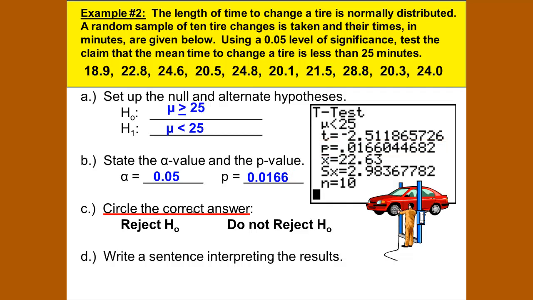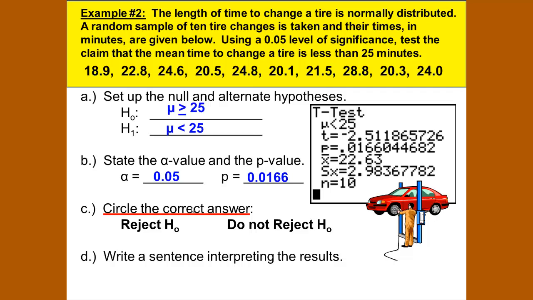Next, we want to circle the correct answers. Remember our rhyme. If the p is low, the null must go. If the p is high, we let it fly. So is the p lower or less than the alpha, or is the p greater than alpha? The p is lower or less than alpha.